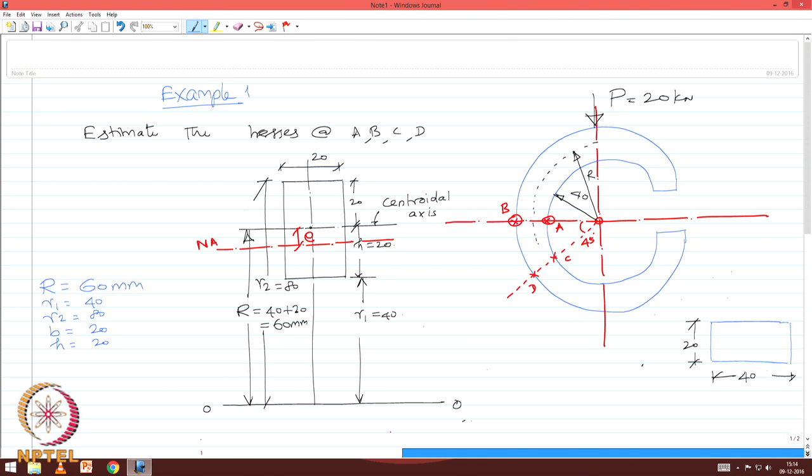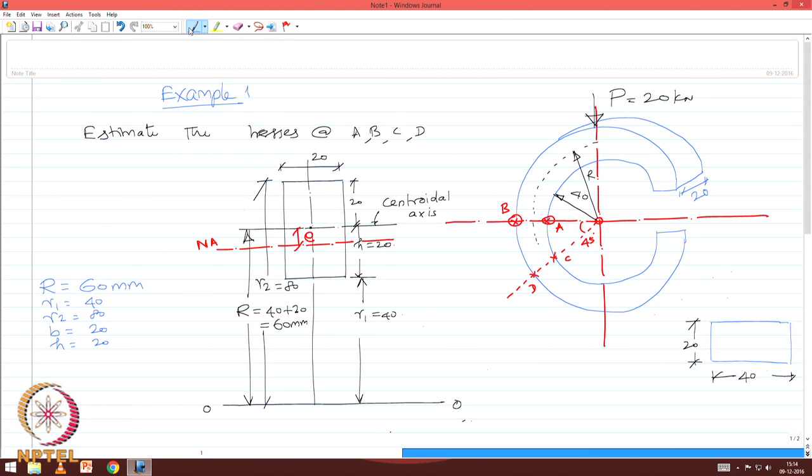It means the section is about 20 millimeter this way.